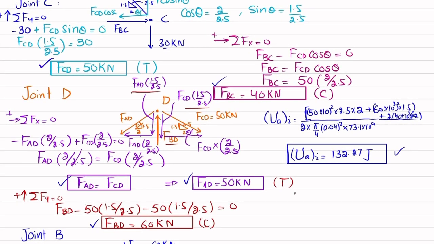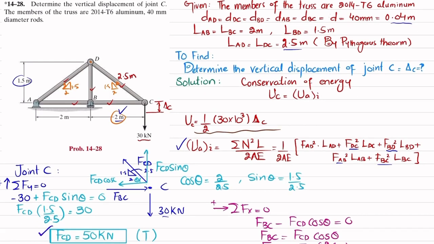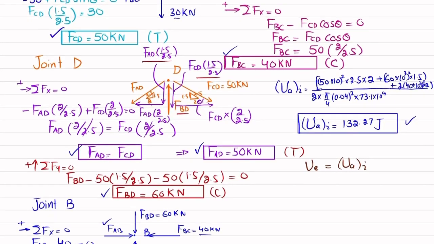Again, using conservation of energy, we know that UE is equal to UAI. So UE was this one, 1 over 2, 30 into 10 raised to power 3 multiplied by delta C is equal to 132.27 joules.